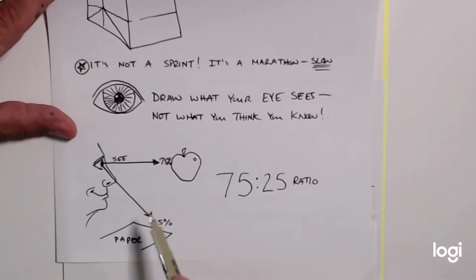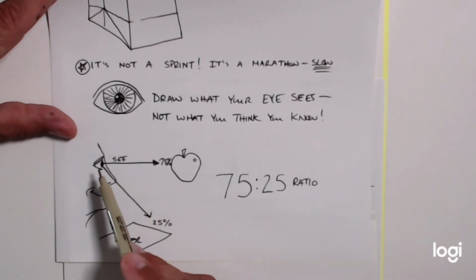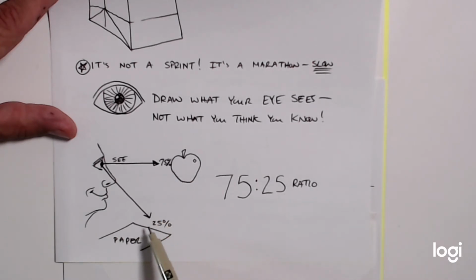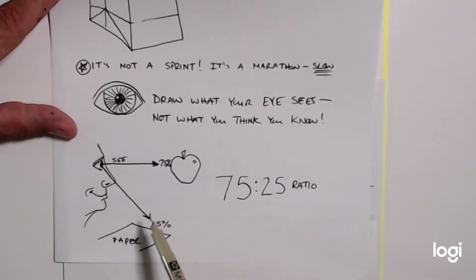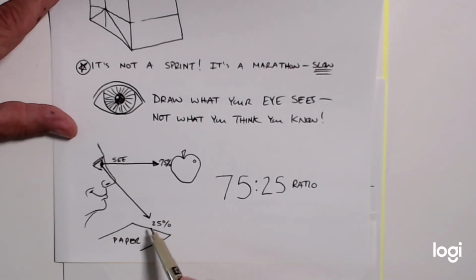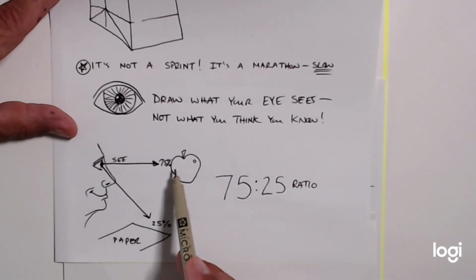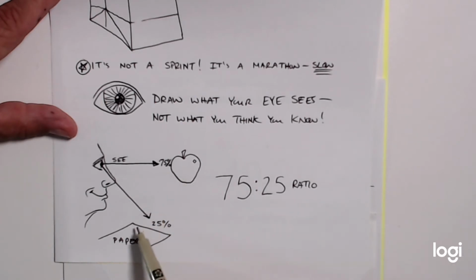So what that means is this: when we're drawing, we want to be referring continuously to the object that we're drawing, and then glancing back down to our paper to make sure our pen and pencil's in the right place, and that we're drawing in the right area, and definitely getting the edges and all the little things that would affect our form. So again, really focusing on what our eye sees, not what we think we know, and translating that down to the paper. So again, this is kind of how we go about looking at contour line.